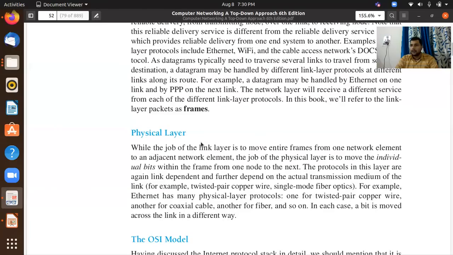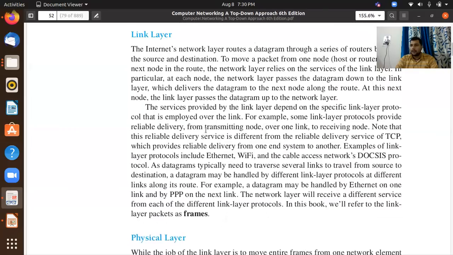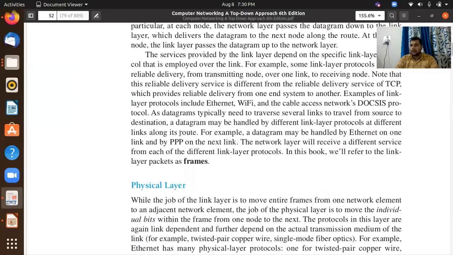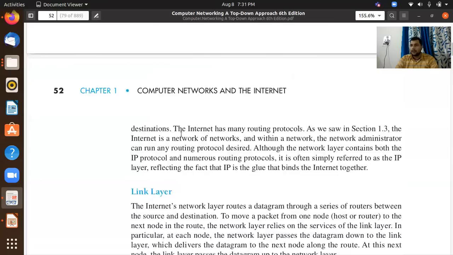So obviously you can't use an Ethernet card as a Wi-Fi card because there's a technology difference. Based on the technology which you are using, your interface card should support that. So the link layer and physical layer get their implementation through the network interface card.